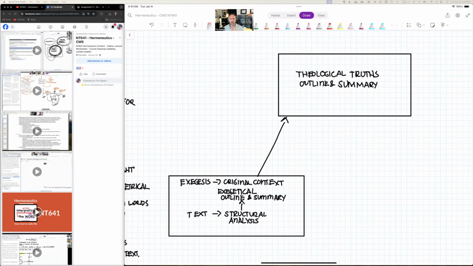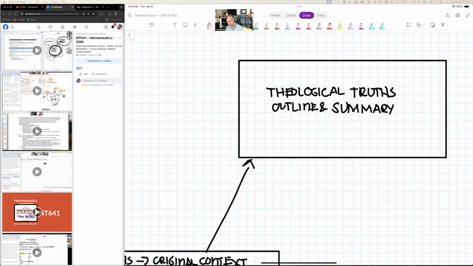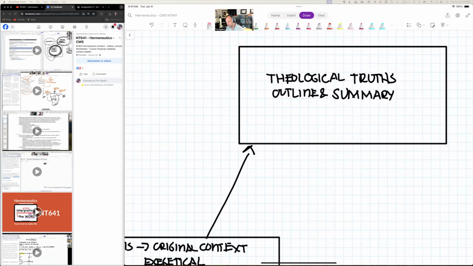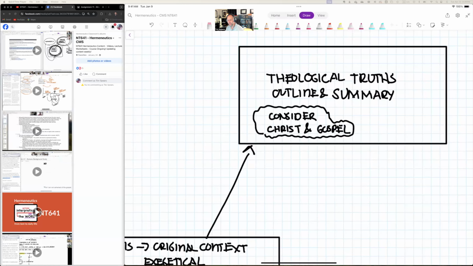When we move to the eternal, especially where Christ is explicit in the exegetical or typological, we should also be thinking about Christ and the gospel. When we work through Christ and the gospel, you'll see it's not always the same way, so we have a separate step for that. I just want to stress that we need to always be considering him. For the sake of time, we're really looking at a bird's eye view here, and we don't have the time to go into all of that.